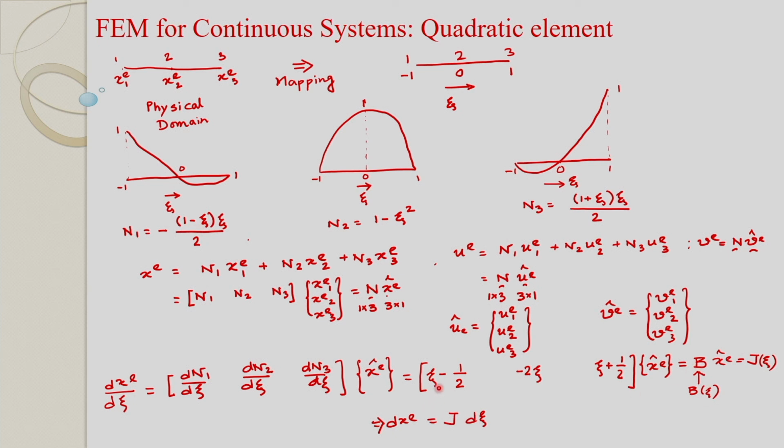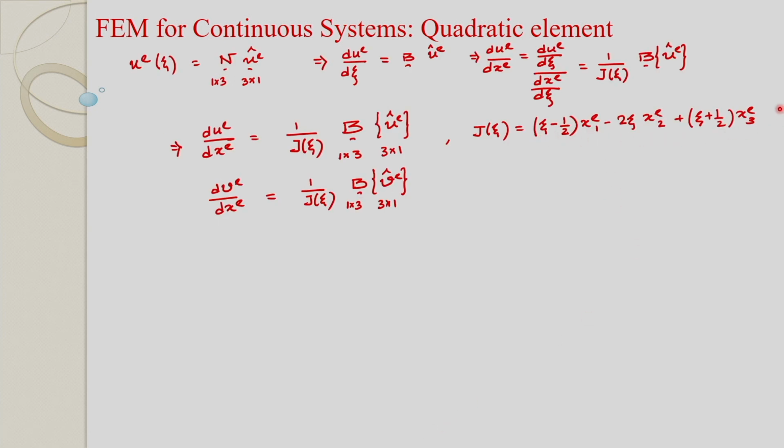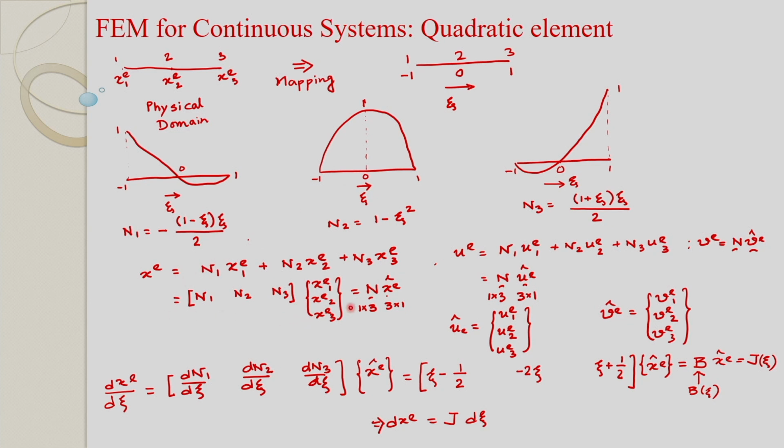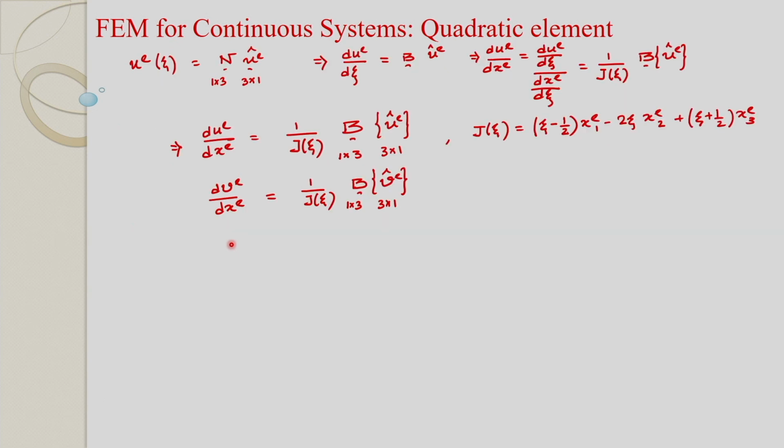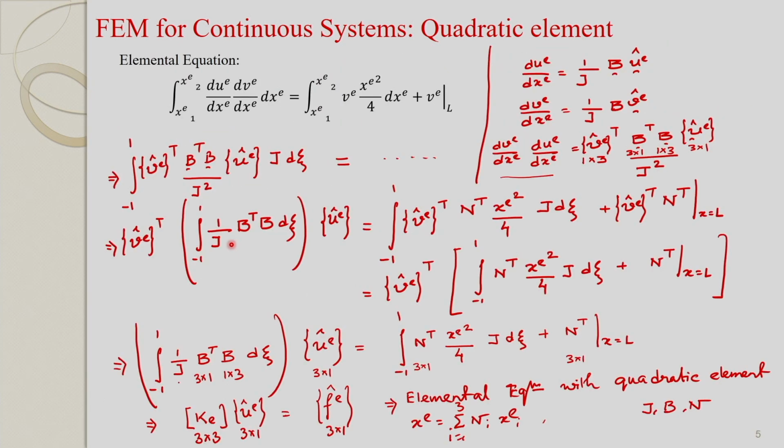B is this matrix of derivatives of N with respect to xi. The Jacobian J we have written in terms of the derivative and the known nodal x values, and x is nothing but this expression x_e. So, in our final elemental equation we require these quantities J, B, N and x_e, which we have already derived.